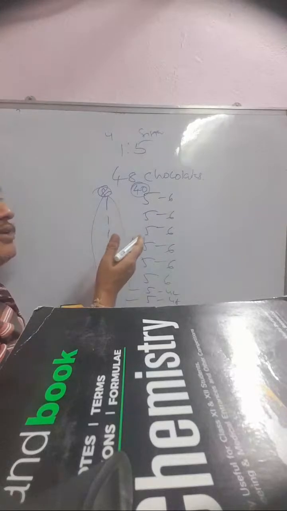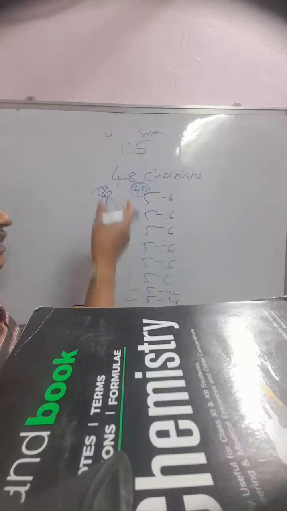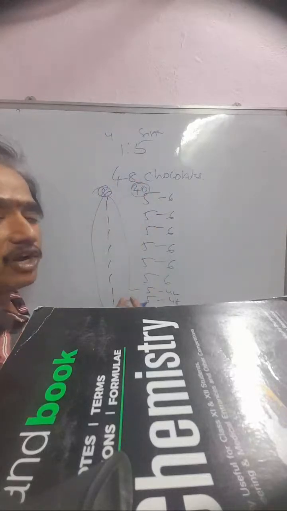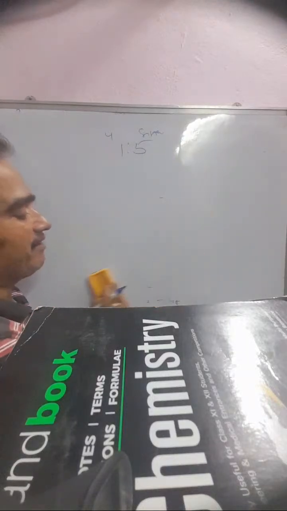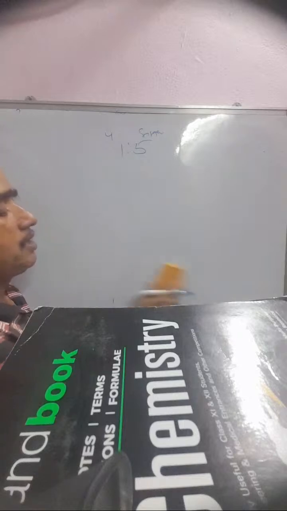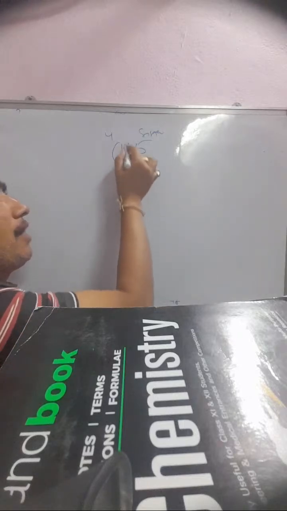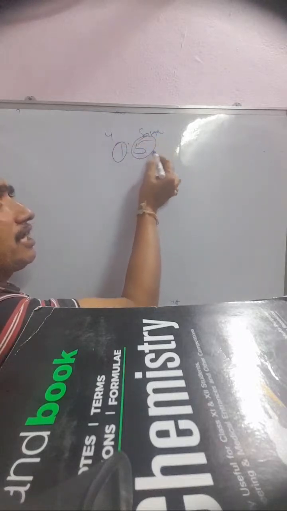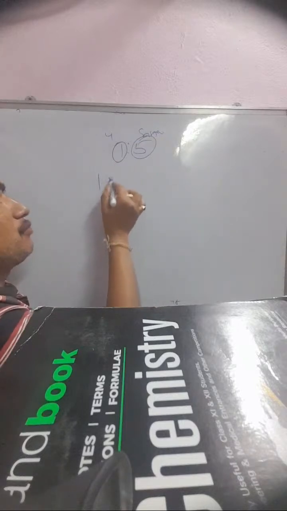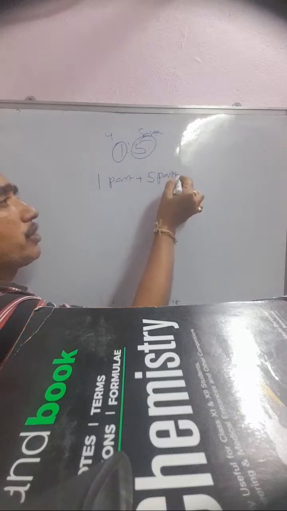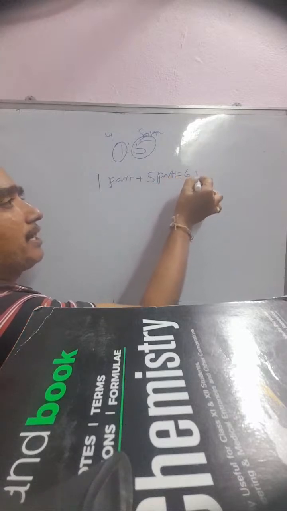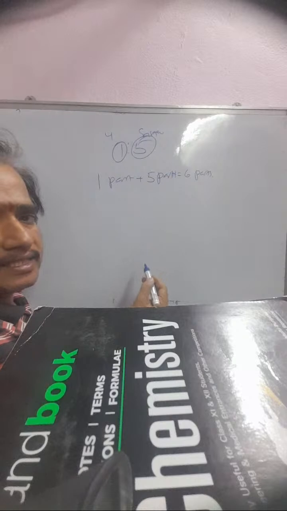If the situation is with 480 chocolates, can you write like this? It's a waste of time. So what you have to do? How to divide the given number in a given ratio. So you have 1 and your sister should take 5. It means this is 1 part and this is 5 parts. So totally, the given chocolates you have to make how many parts? 6 parts.